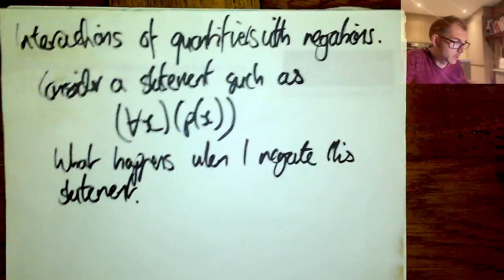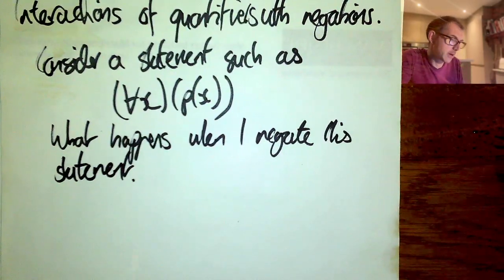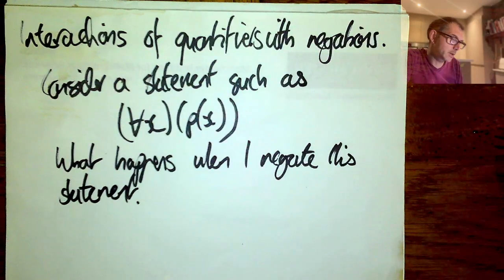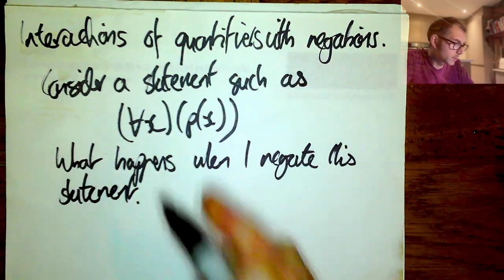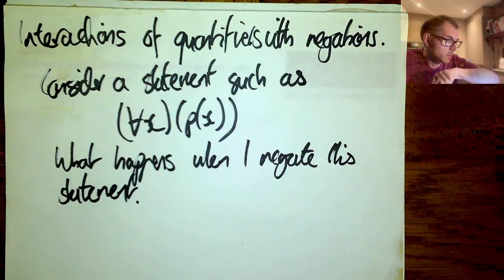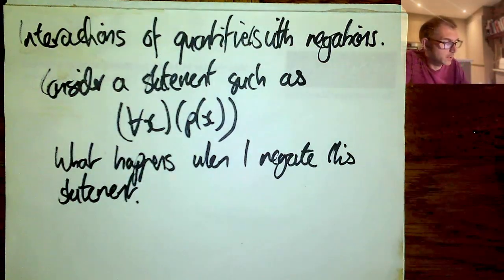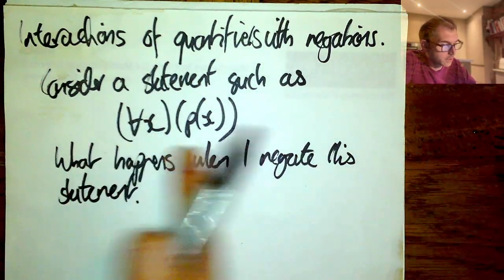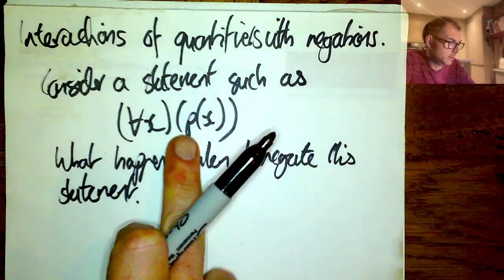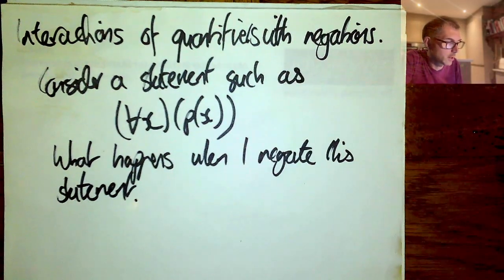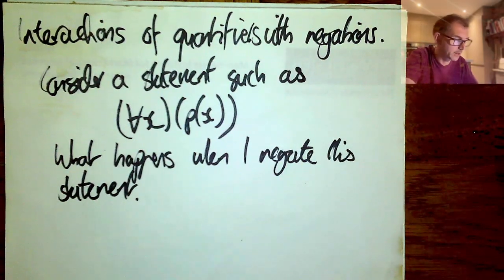So the basic idea, I suppose, is that a lot of the time, if you've got not of something like this, you want to be able to pull the not through the quantifiers to get another statement. So another statement which is a proposition where things have been quantified over at the beginning.